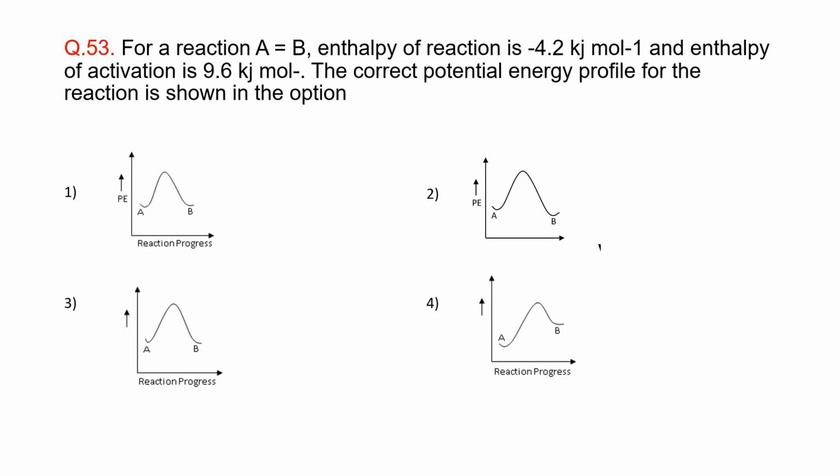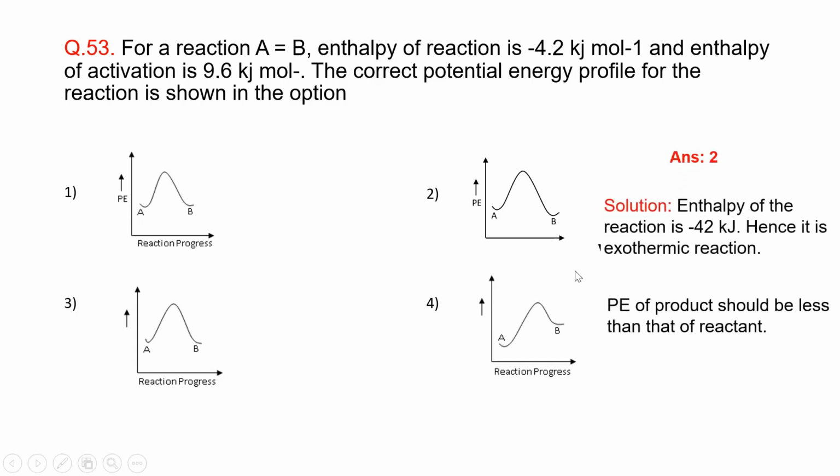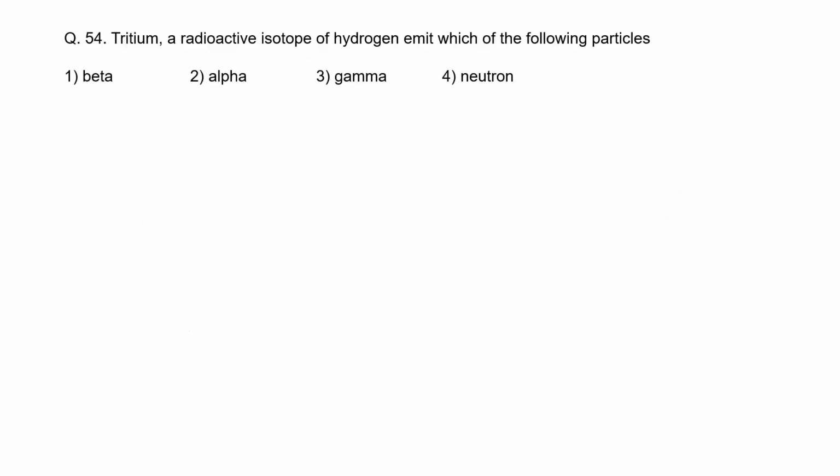Exothermic reaction means the enthalpy of products is lower than the enthalpy of reactants. So that is there in option 2. So that is question number 53, answer is 2.